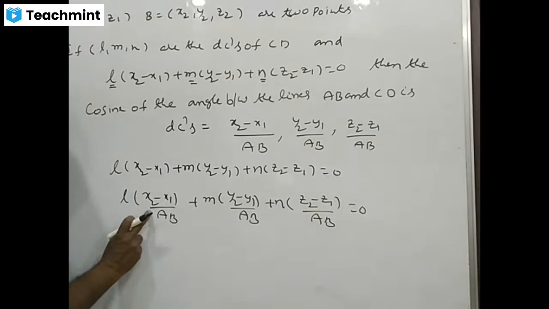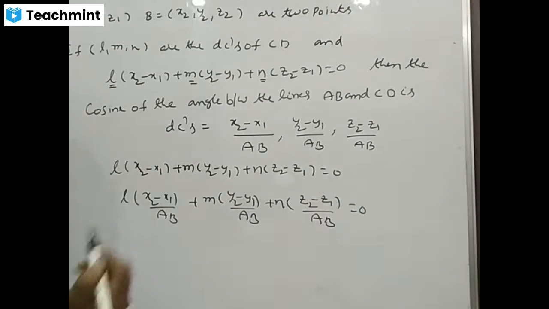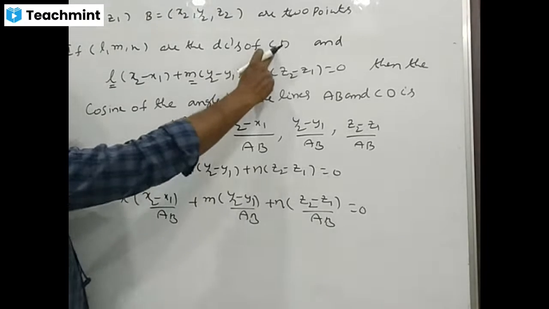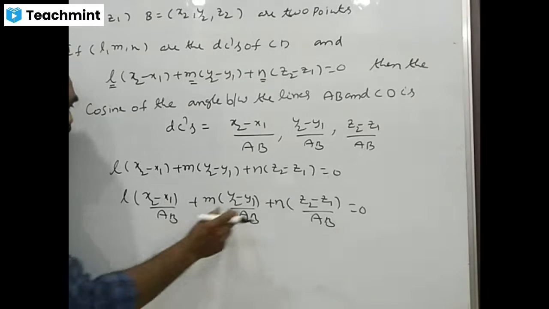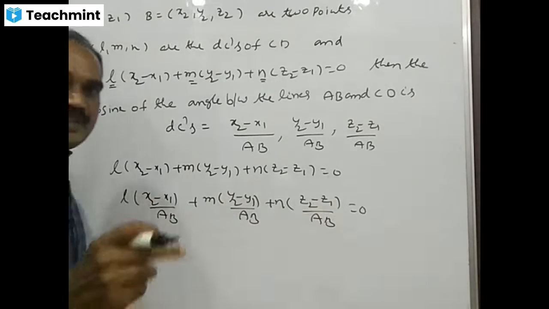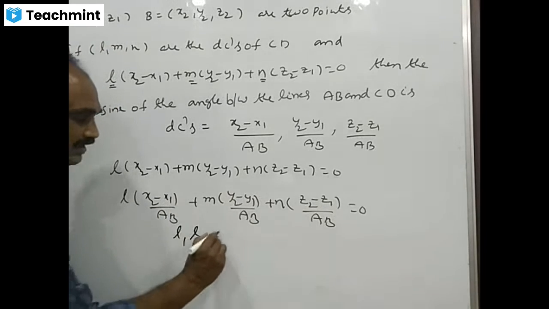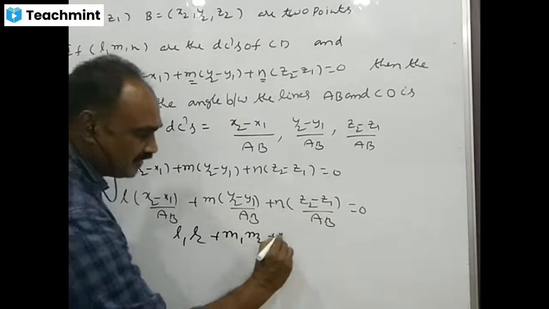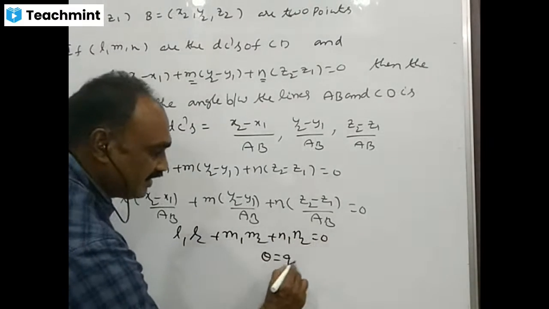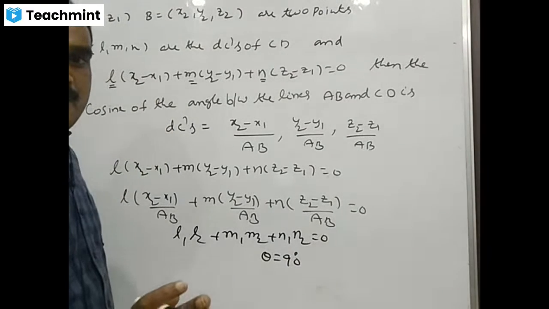Friends, l1 l2 plus m1 m2 plus n1 n2 is equal to 0. What is the angle, friends? l, m, n are the direction cosines of CD, and (x2 minus x1) by AB, (y2 minus y1) by AB, (z2 minus z1) by AB are the direction cosines of AB. l1 l2 plus m1 m2 plus n1 n2 is equal to 0, so the angle theta is equal to 90 degrees. l1, m1, n1, l2, m2, n2 are the direction cosines.